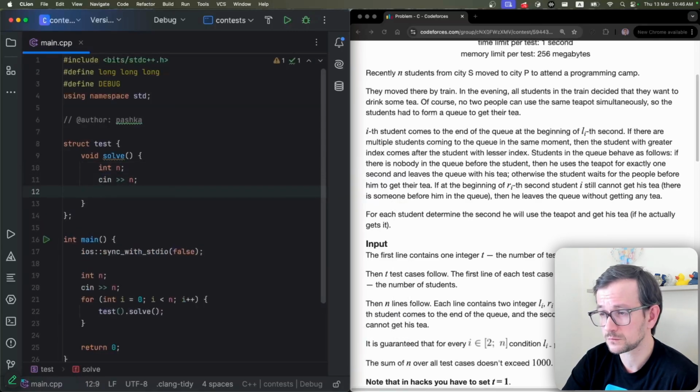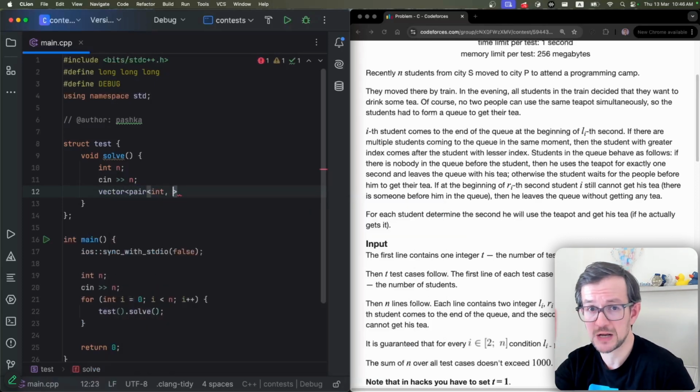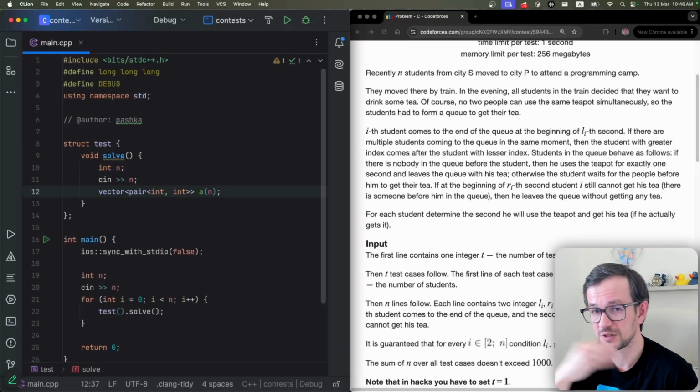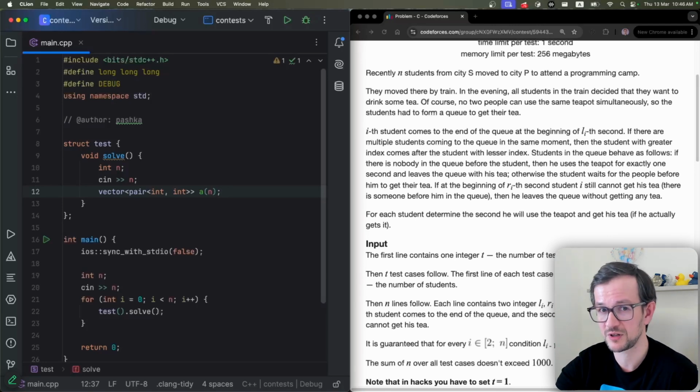Again, let's look at the state of my queue. You can do it differently. You can analyze, for example, events: a student comes to the queue, or a student leaves the queue, or something like this. I did it differently.